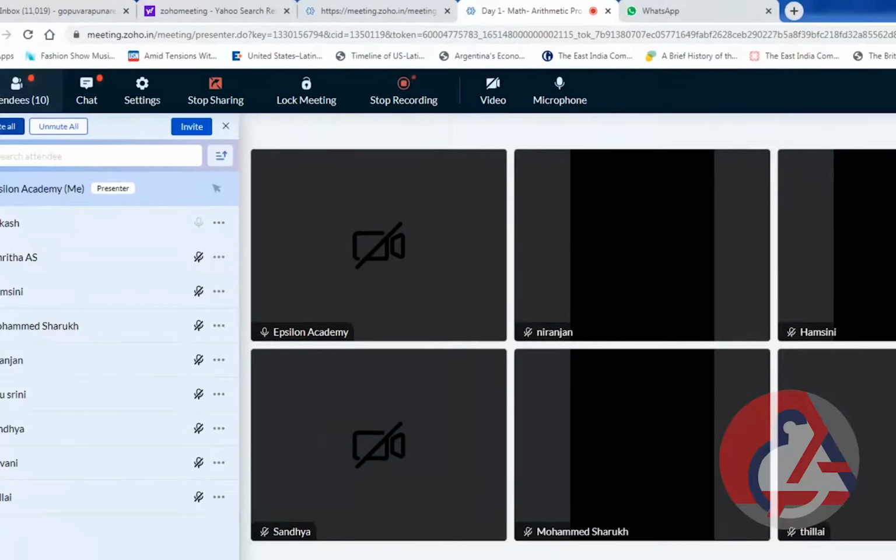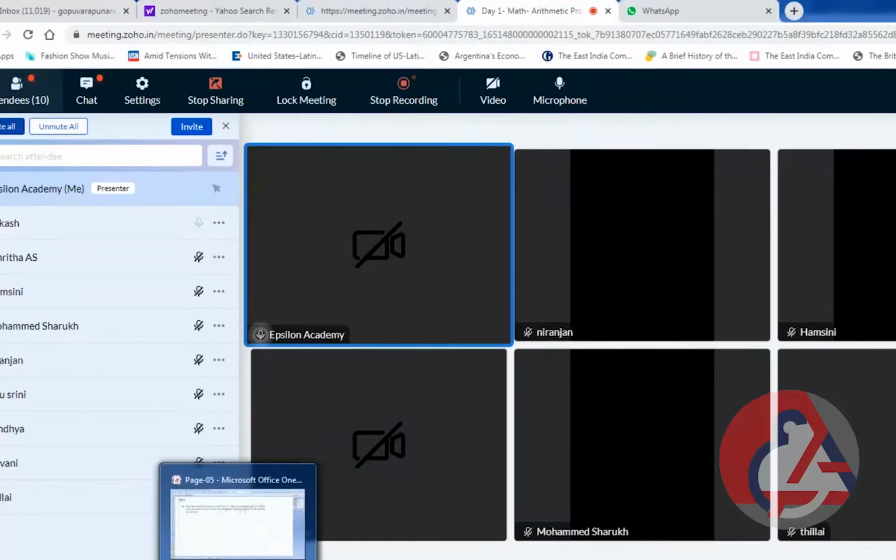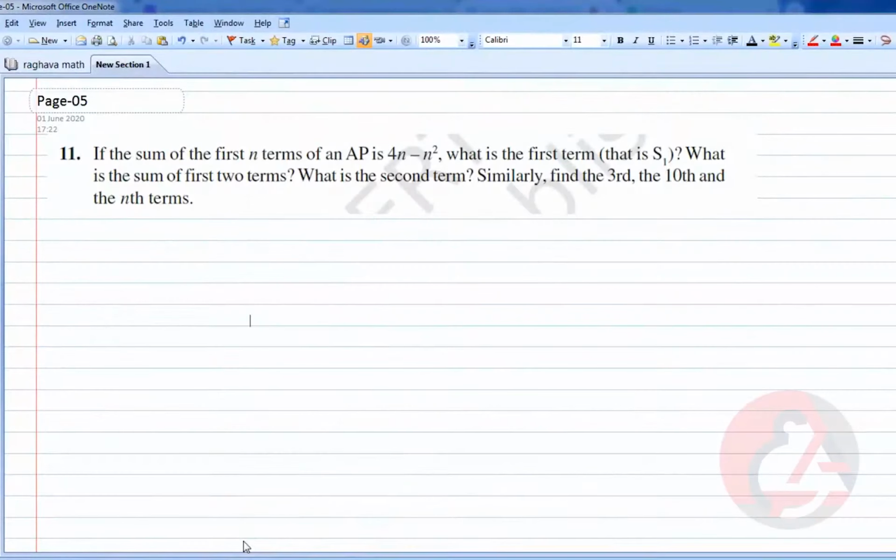Anyone got the answer? Anyone understood how to proceed with the question? See, if you read the question, they gave the Sn in the form of an equation.